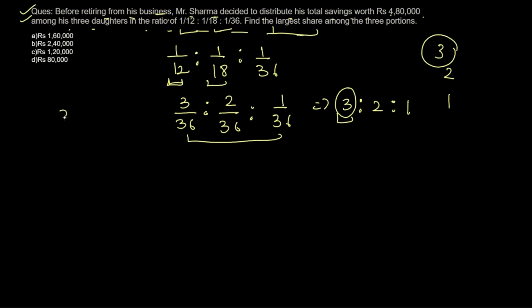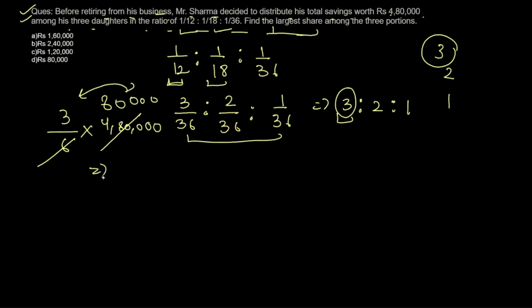We will write it as 3 divided by the total, that is 3 plus 2 is 5, plus 1 is 6, of the total amount, 4,80,000. Now we simply calculate: 6 8s are 48, then the rest of the zeros, and multiply this with 3, and you get 2,40,000 as your result. So this is option B, and this is the solution of this particular question.